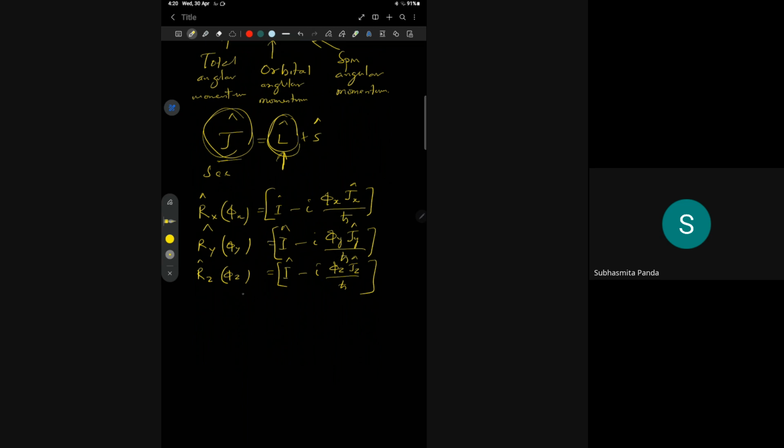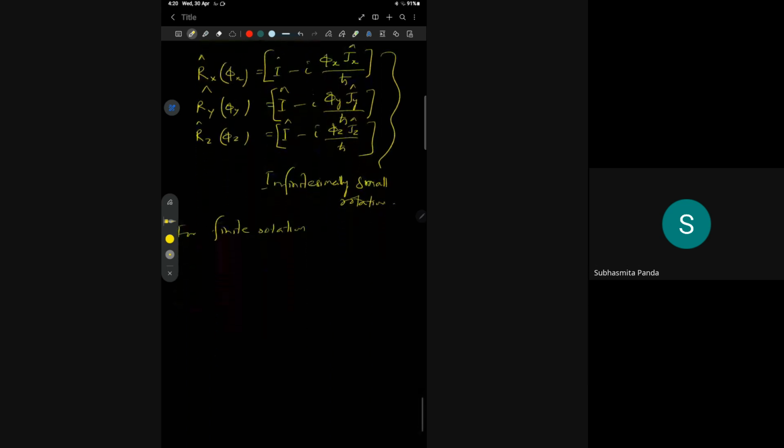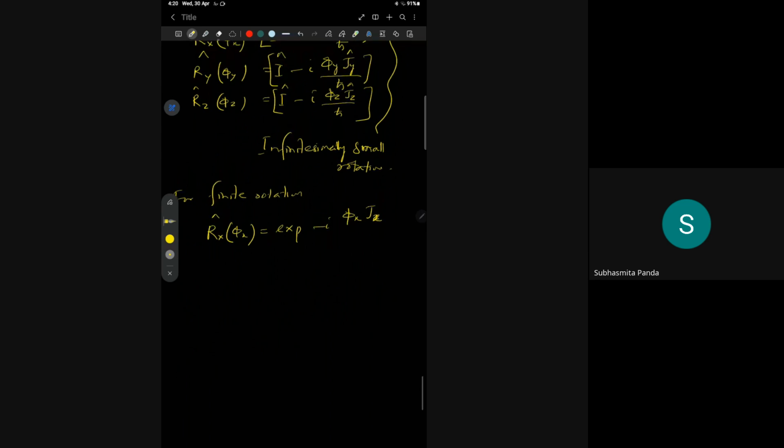For finite rotation, what we will write is Rx of phi x will be equal to exponential of minus i phi x Jx by h cross.